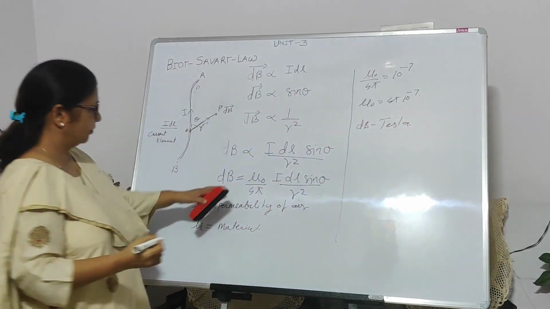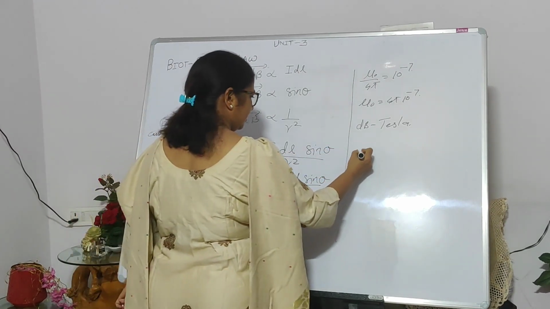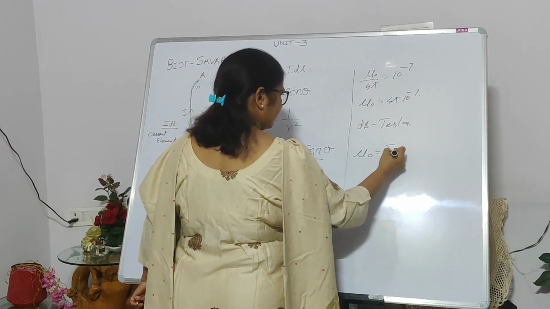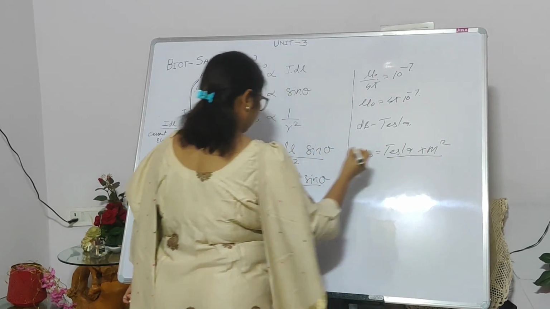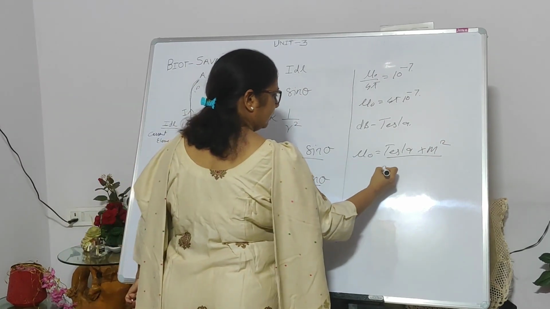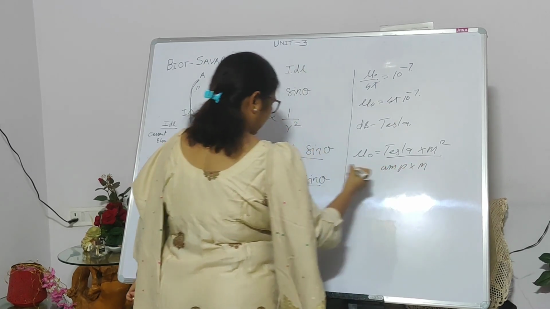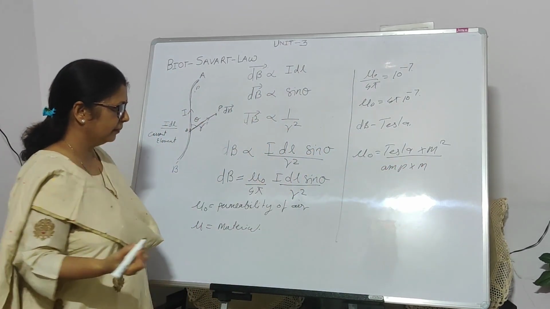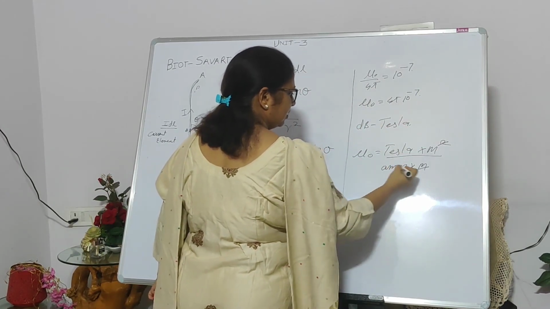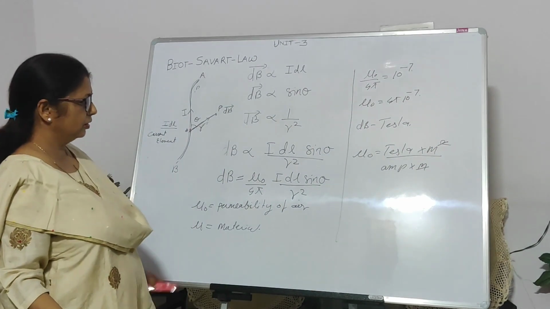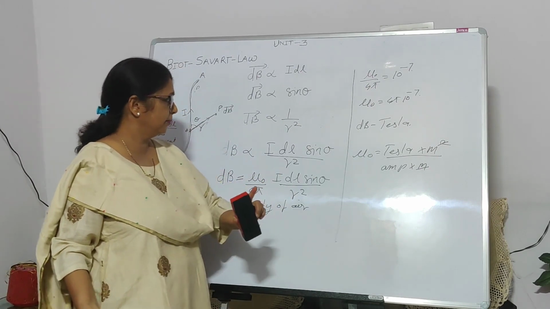From this equation, mu naught is Tesla into meter squared upon I for ampere, dl again for meter, and there is no unit for sine theta. So the unit of this is Tesla meter ampere per ampere. The unit for permeability is Tesla meter per ampere.